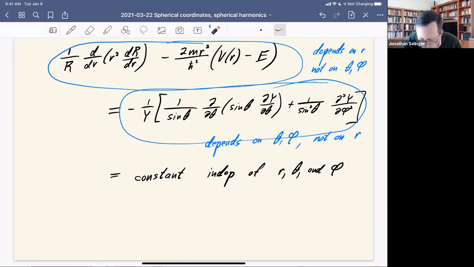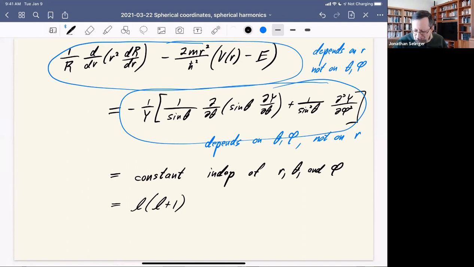Okay, so now if we're going to work with this, we need to make a name for the constant. I will call this constant L times (L plus 1). Now you say, why is he choosing such a weird name for the constant?